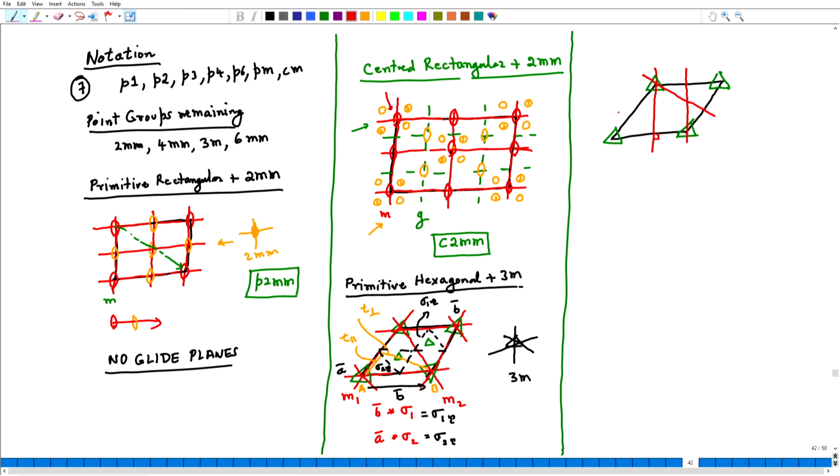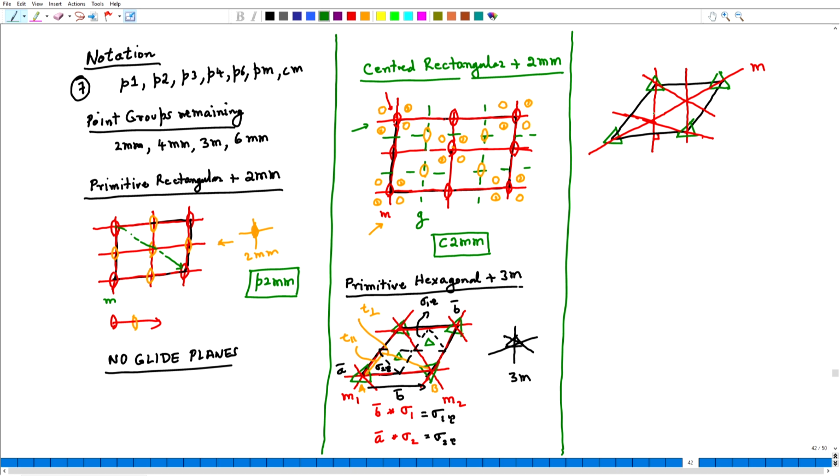And all of these mirrors that I have drawn are perpendicular to one or the other cell edge. And then there is a mirror plane along the long body diagonal of the cell.